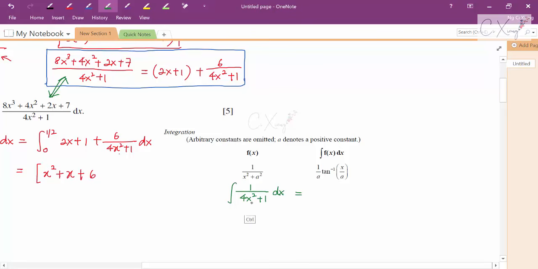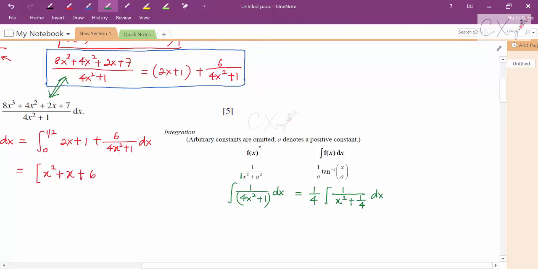Before I integrate this, I will try to make it into the same pattern. You can see that the coefficient of the x squared is 1 in the formula. Therefore, to make the coefficient 1, I will factorize out the 4 from the x squared and the denominator. So my denominator becomes x squared plus 1 over 4.